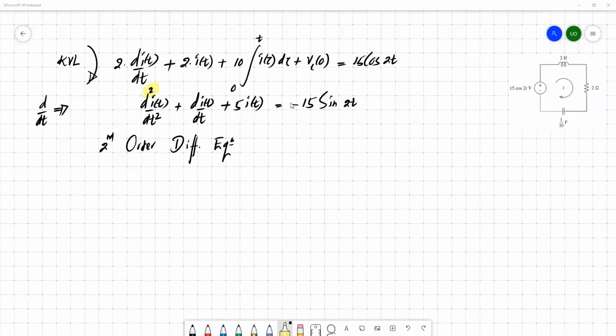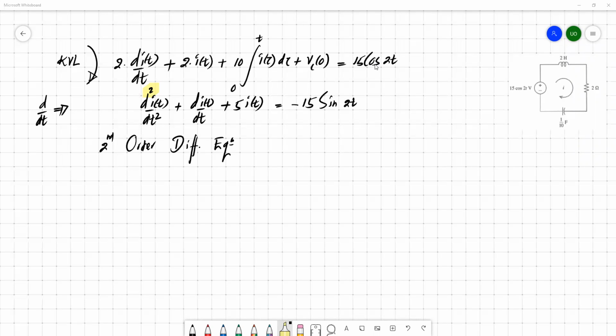So this is minus 30, but you have a factor of 2 here. Once you divide it by 2, it basically reduces to d squared i/dt squared plus di/dt plus 5i equals minus 15 sine 2t. So this is the second order differential equation in general.